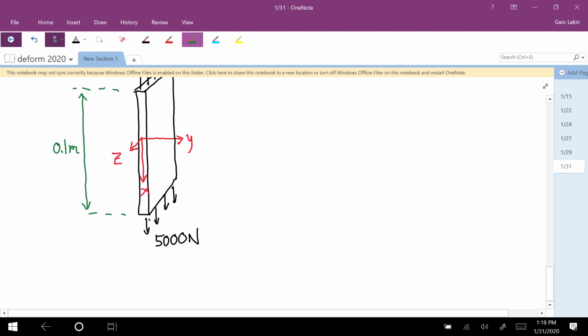And the thickness is 1 centimeter, so 0.01 meters. And the width of the side is 2 centimeters, so 0.02 meters.